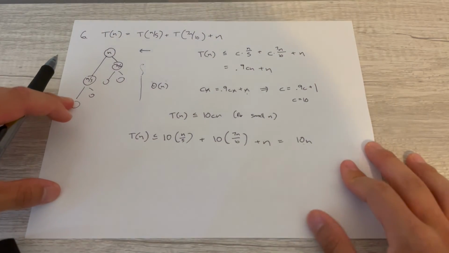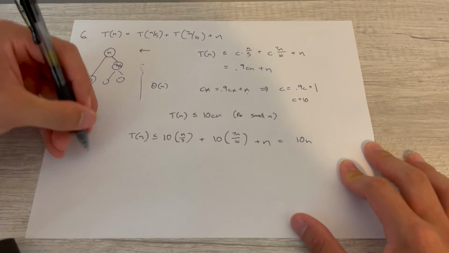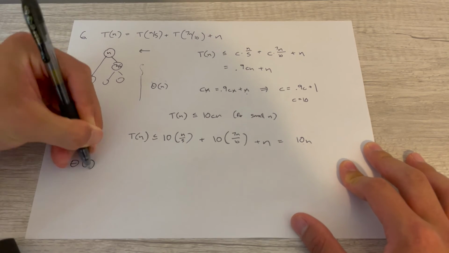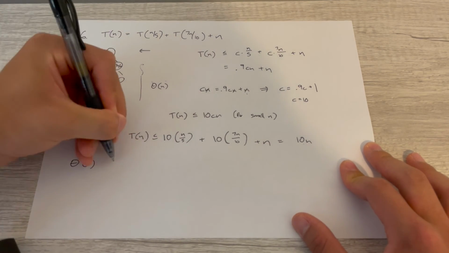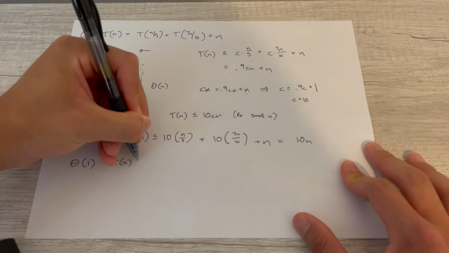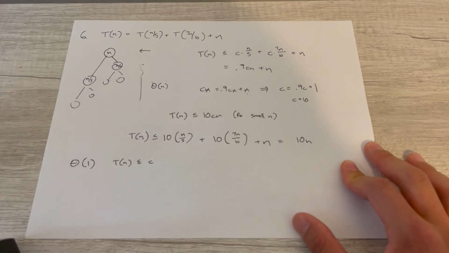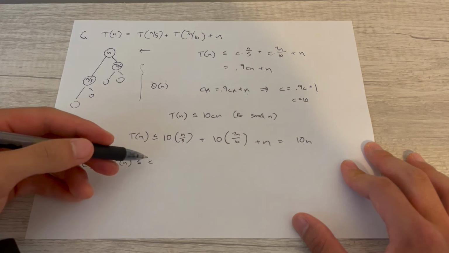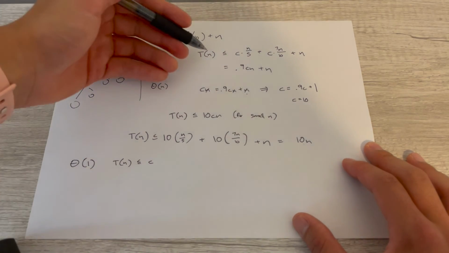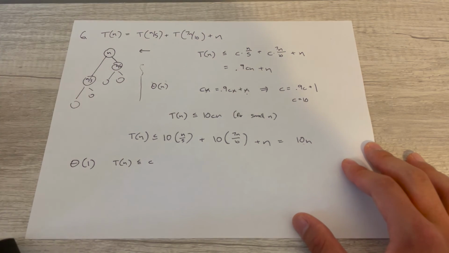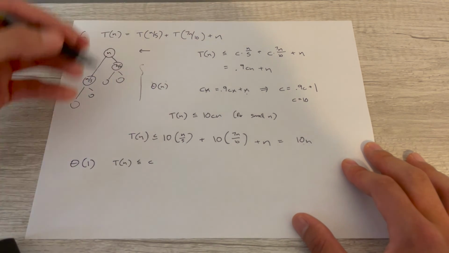And just to hit this home, let's say our guess was really bad. Let's say we thought this would be constant time. This is our guess. Then we're claiming that t of n is always going to take at most c steps for whatever c, and this is true for even huge n. If we use the substitution method and try to prove this using induction, we're going to run into some issues.